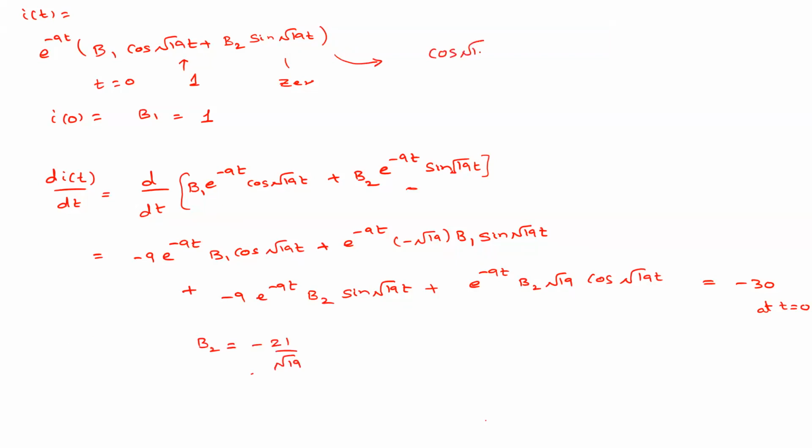So cos root 19 t minus 21 by square root 19 sine square root 19 t, into e to the power of minus 9t.